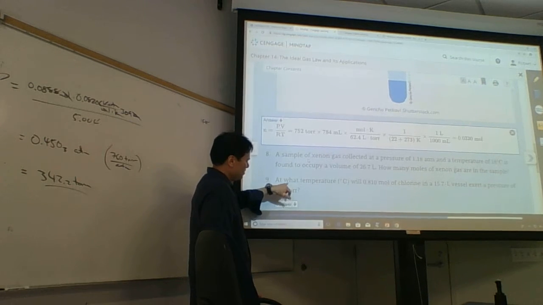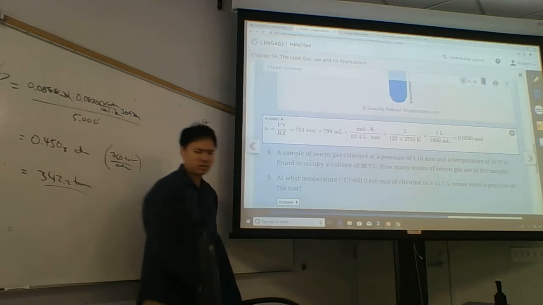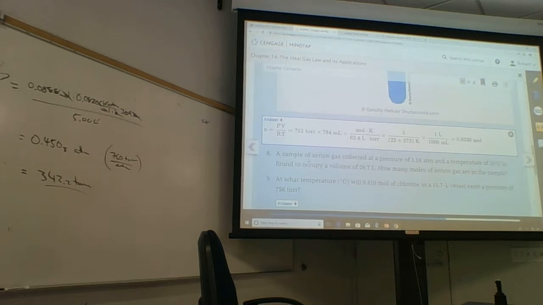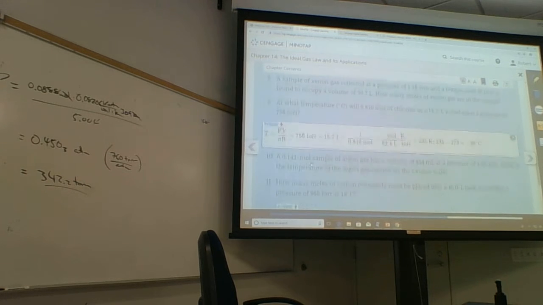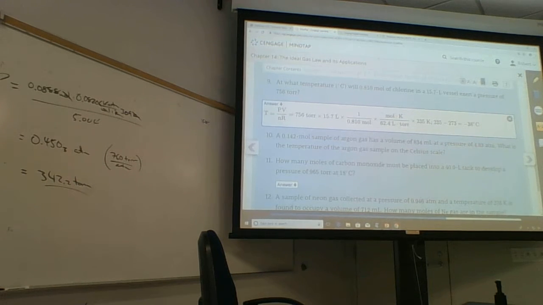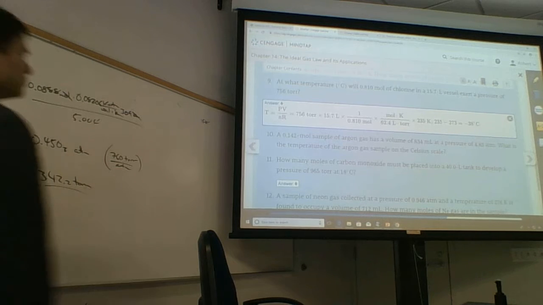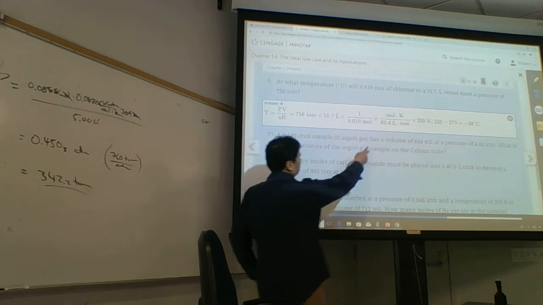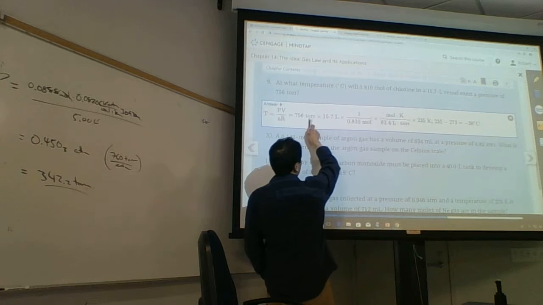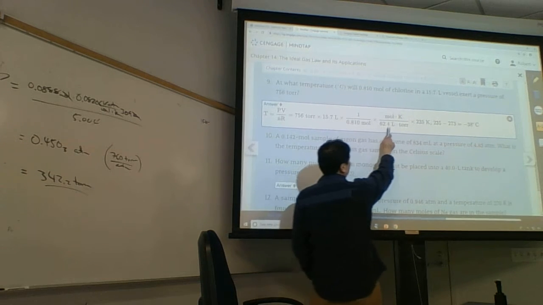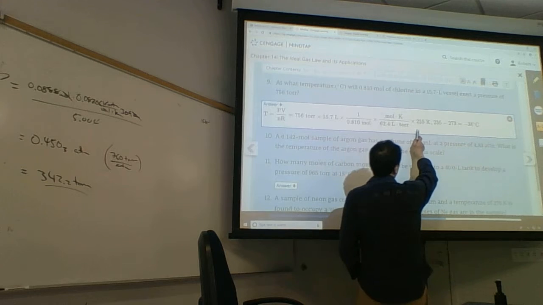We solve for the temperature in Kelvin, and then we'll have to do one additional step, and that is to convert Kelvin into Celsius. Again, your book's not going to convert torr into atmospheres because they're going to use this other version of R here. But we would convert torr into atmospheres and then use our standard version of R.